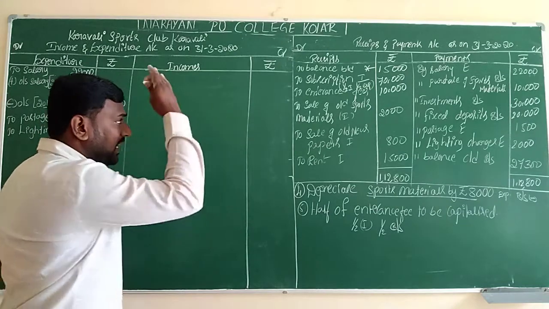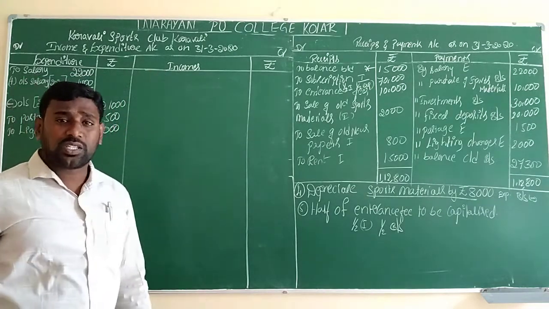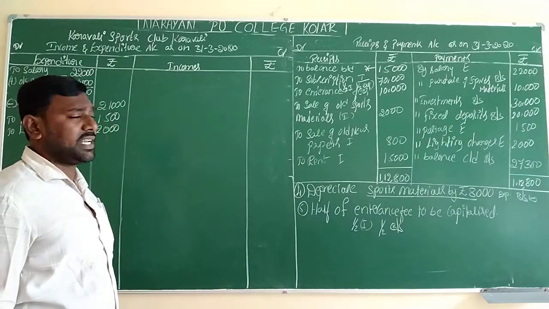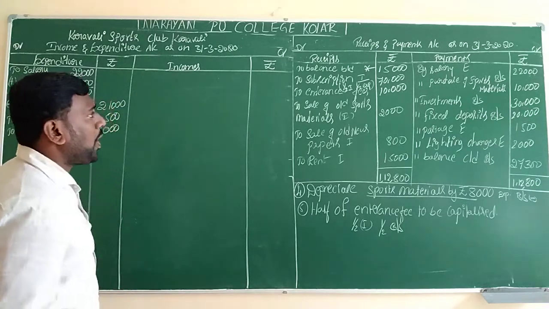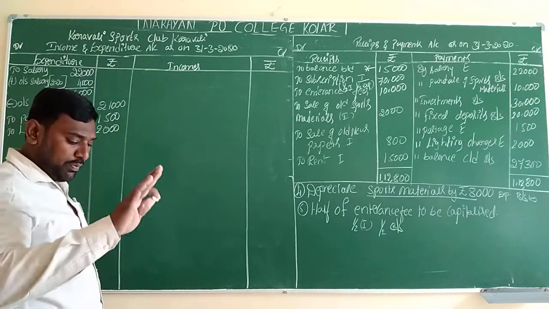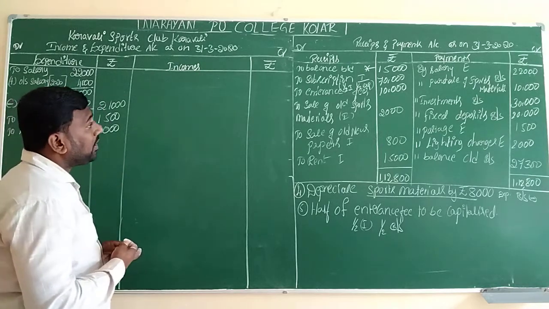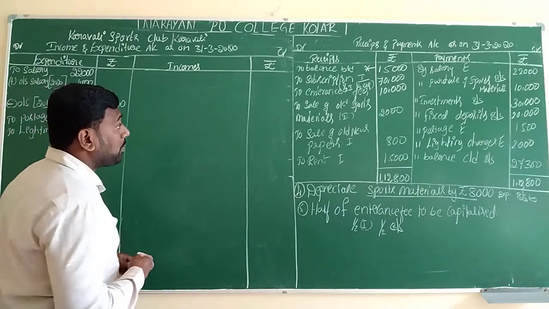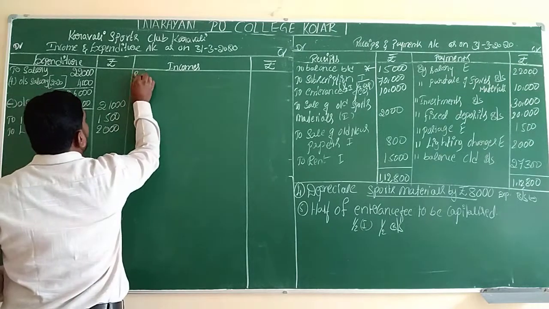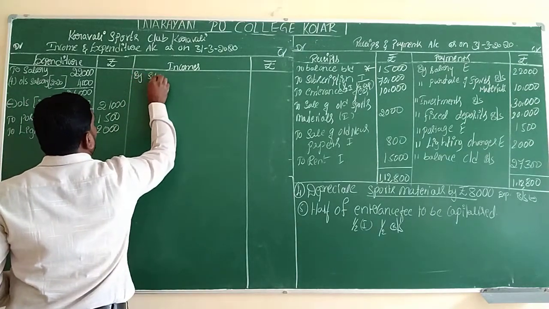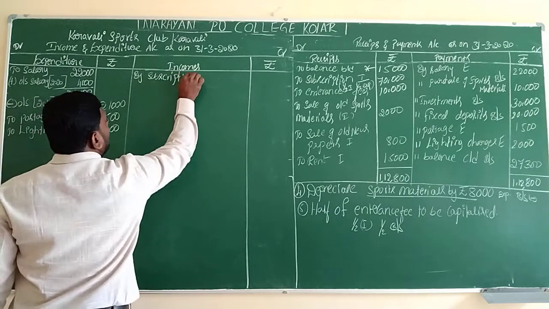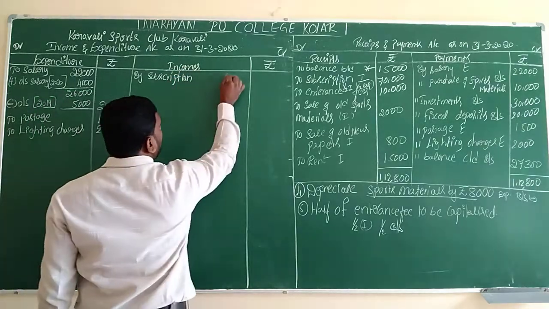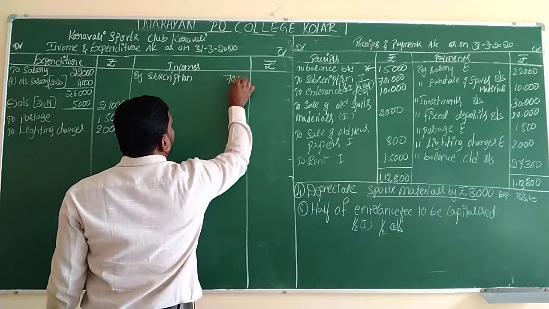Let's come to the receipt side. The transactions we have to classify under the receipt side will be transferred to the income. So first point, to balance brought down is there, we won't consider. Second point, to subscription is there, we will write by subscription. Actual value of subscription is 70,000.